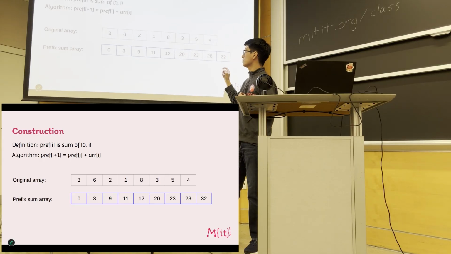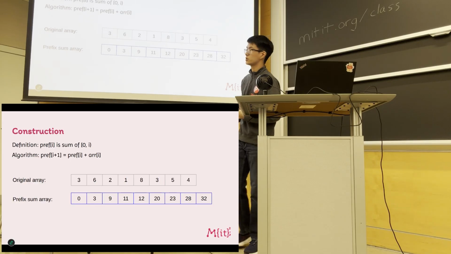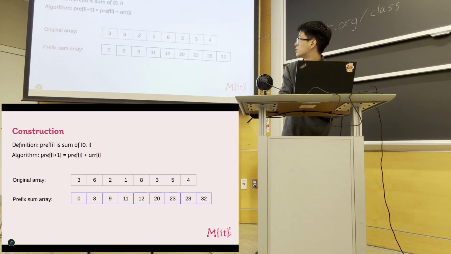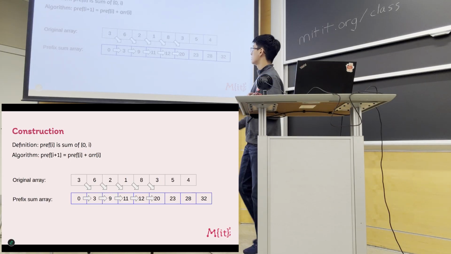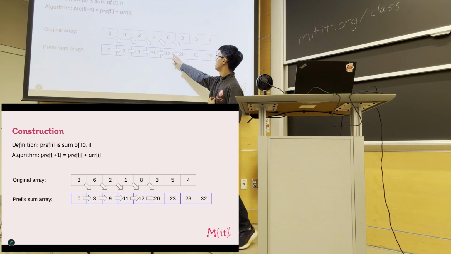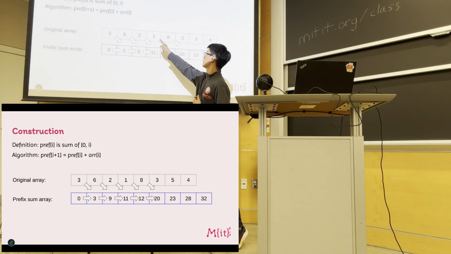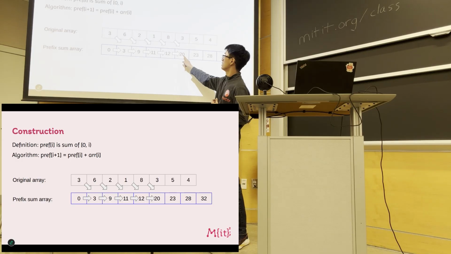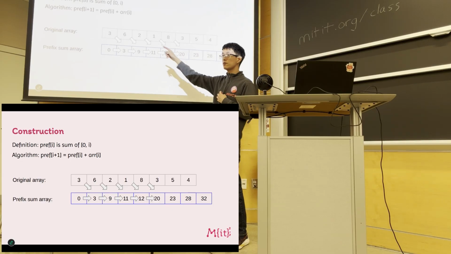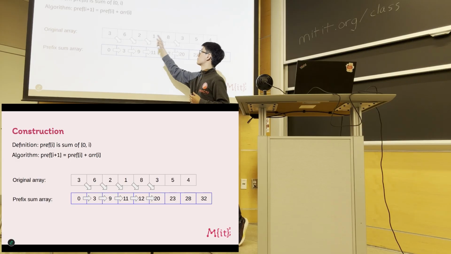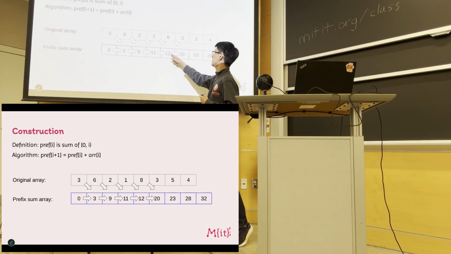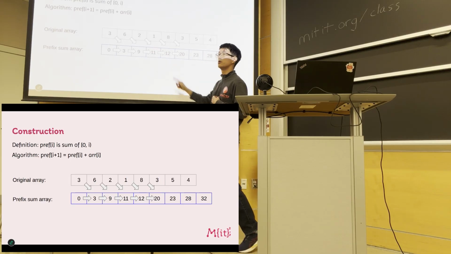And intuitively, notice that this 12 is 3 plus 6 plus 2 plus 1, and this 20 represents 3 plus 6 plus 2 plus 1 plus 8. So instead of recomputing all of this, we already know 12 includes these four numbers, so let's just add 8 and 12 to get the entire sum.